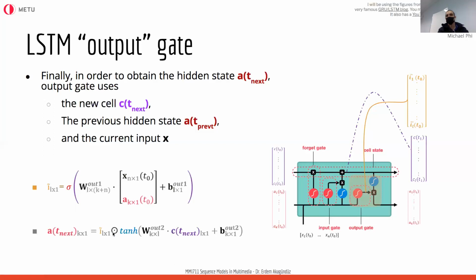And you just, again, element-wise multiply it. Some of the elements are gated, I mean, all of the elements are gated. If it is closer to 1, they are let go. If they are closer to 0, they are killed. But if there's some value in between, they are just adjusted, we could say. And you have the new hidden state.